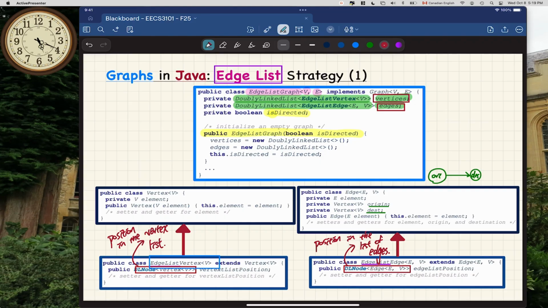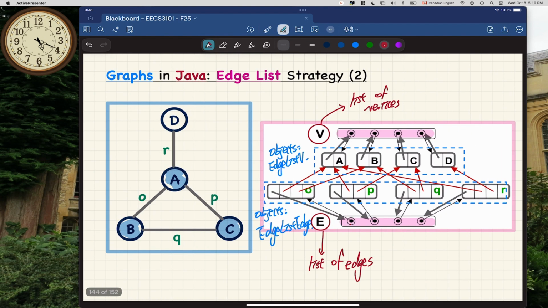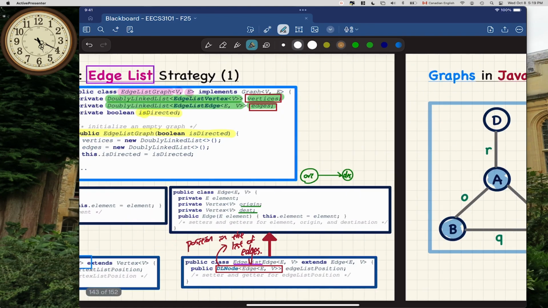Okay, one more thing to show to you that's also very important. Okay, you can see that over here. Let's say for vertex A, you can see that one there has a pointer back to where it is in the doubly linked list. So this one here corresponds to exactly this attribute right here.